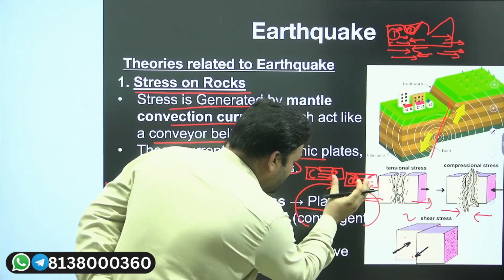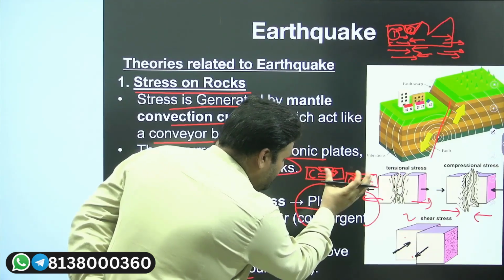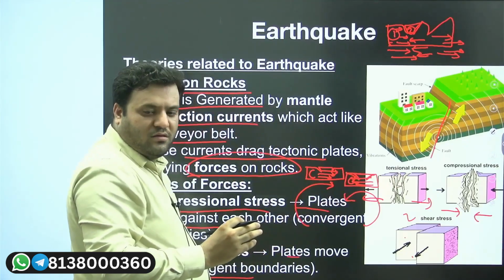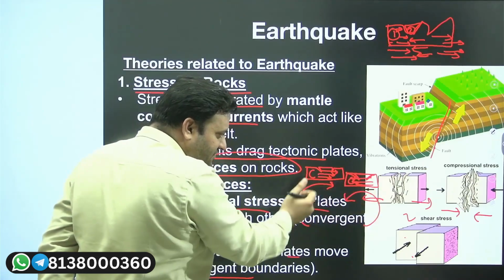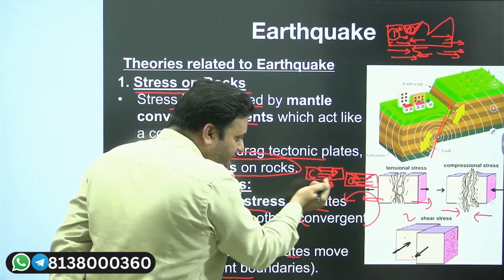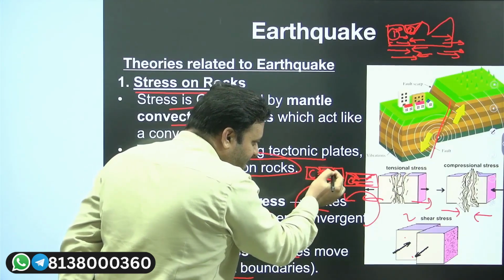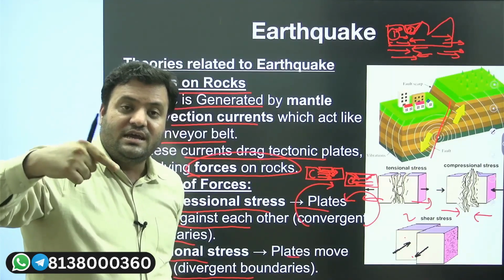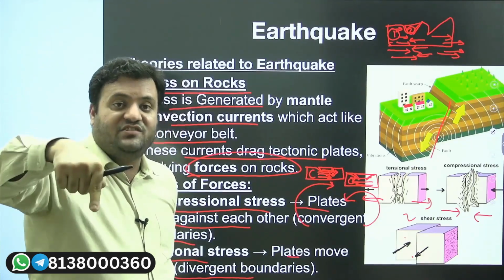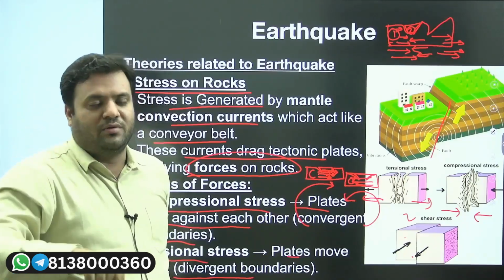They'll try to drag these two plates. They'll try to move these plates towards each other because of the mantle convectional current. And similarly, in these crustal parts, we will have the stress which is about to build. And when this stress is beyond the strength of rocks, energy will be released. And that energy we are terming as seismic energy or earthquake.